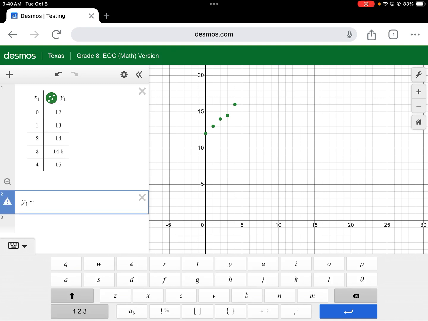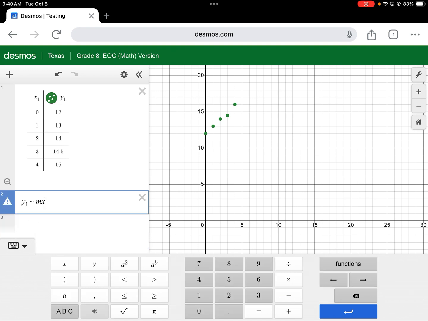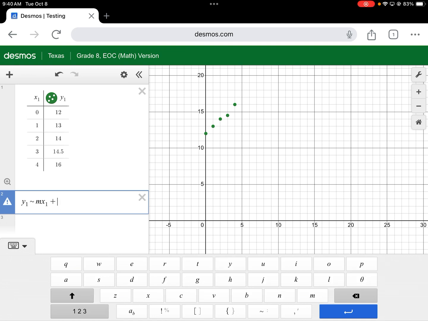Squiggly. M X1 plus B. There we go. Where is the squiggly on y'all's keyboard? Right by 1. Do you have to hit shift? Okay.